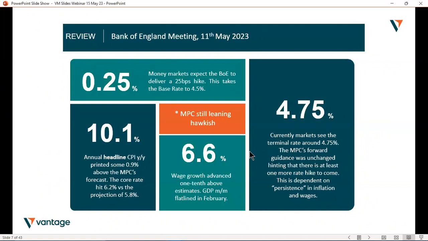As for guidance, we thought it would be very important to focus on. That was pretty much unchanged. Guidance on future monetary policy hasn't changed between March and this meeting last week. The Bank of England still makes further rate hikes conditional on those persistent inflationary pressures, but with the data still being fairly strong, potentially we get another hike.